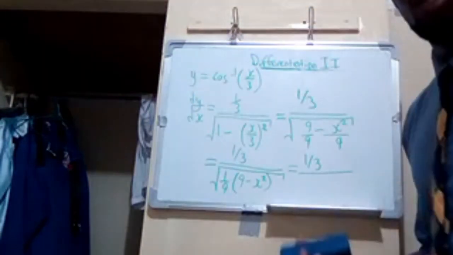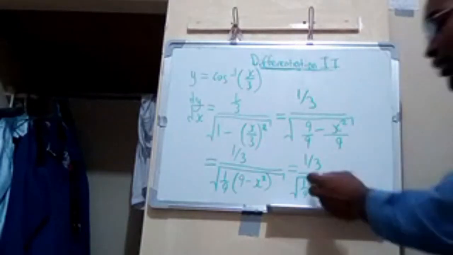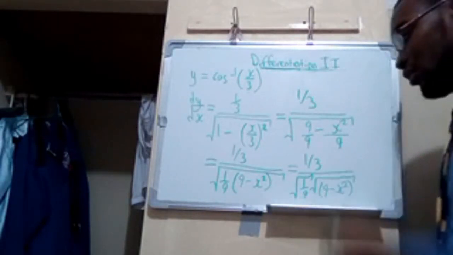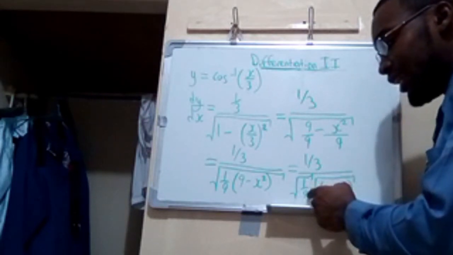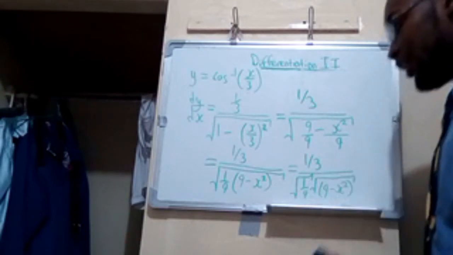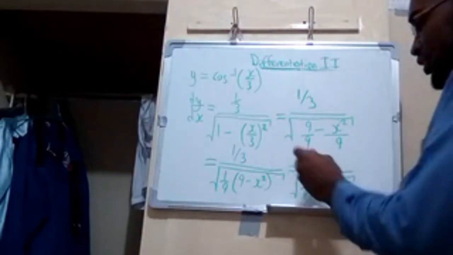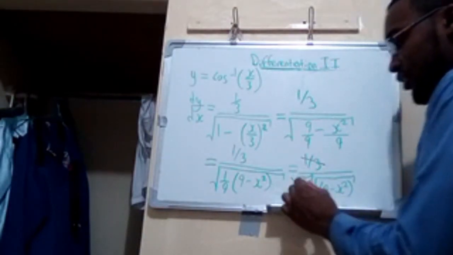So then I can rewrite this again as 1 over 3 divided by the square root of 1 over 9 times the square root of 9 minus x squared. Now what's the square root of 1 over 9? That's just 1 over 3, right? And so this 1 over 3 is going to cancel this 1 over 3.